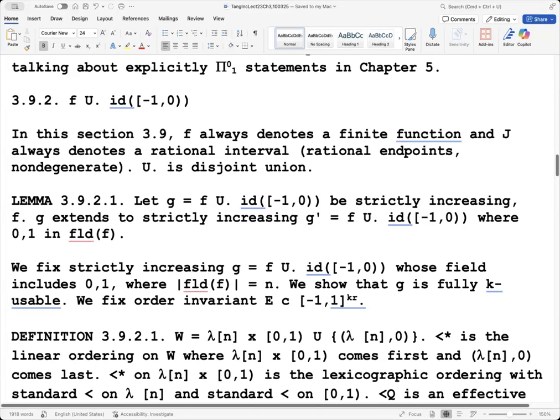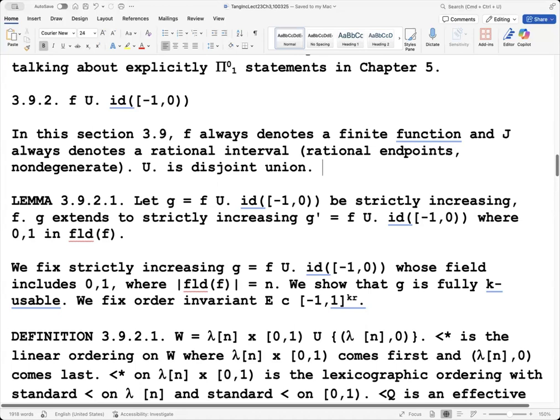If I have anything like this, F union, now remember F is finite, F union dot identity on -1, 0, that's strictly increasing, then I can make sure that I can still keep it strictly increasing and have 0 and 1 in the field of F. It's just convenient.